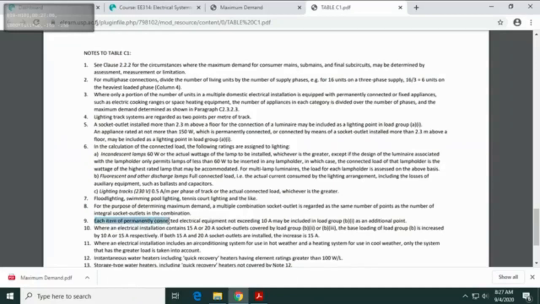Anyone remember? Which is the permanently connected electrical equipment not exceeding 10 amps may be included in load group B1 as an additional point. That means this is one extra point.